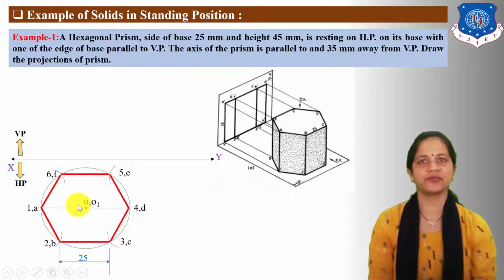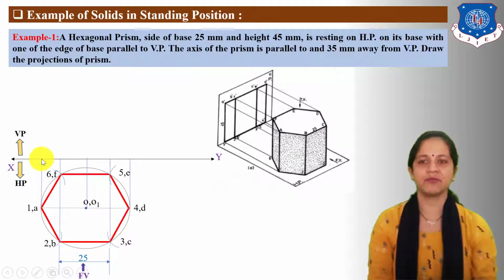Next, project the front view of the hexagonal prism. Now in orthographic projection, the position of the observer for the front view is below the top view. So take projection from 1A, 2B, 3C, 4D, 5E, 6F and OO1 points in the upward direction.